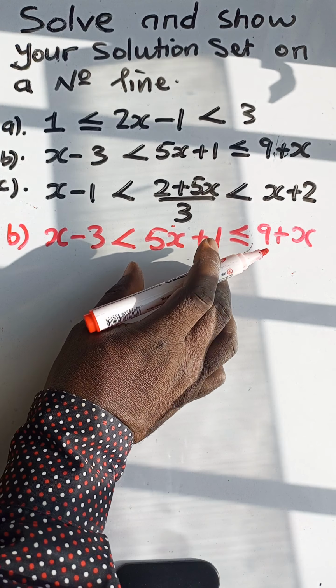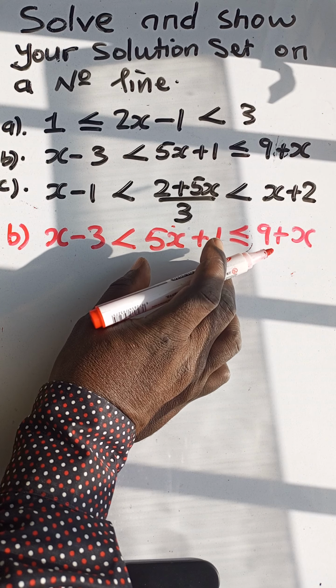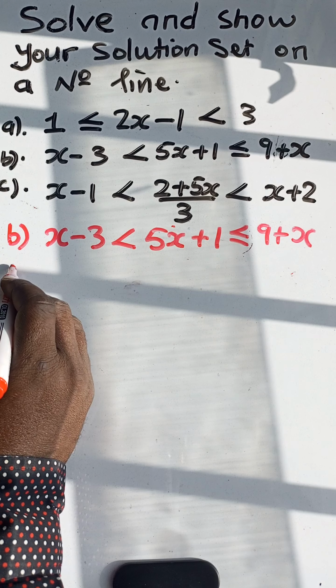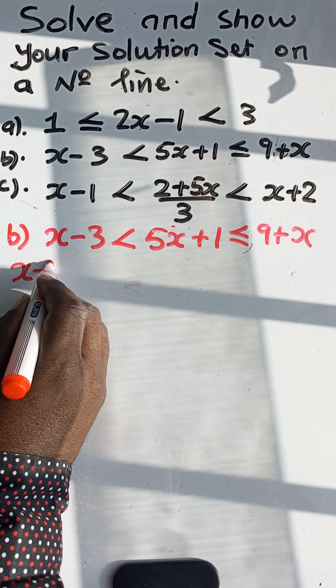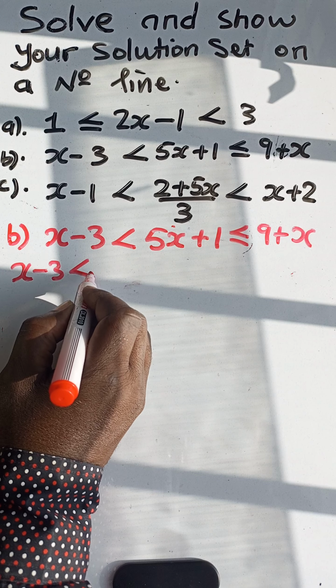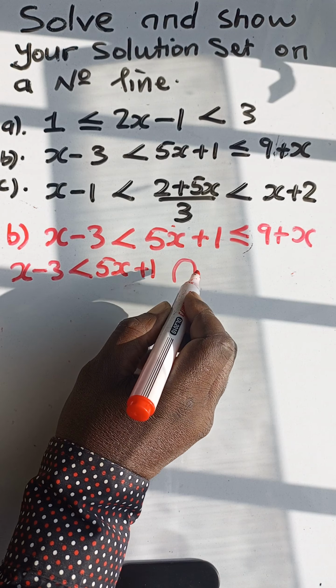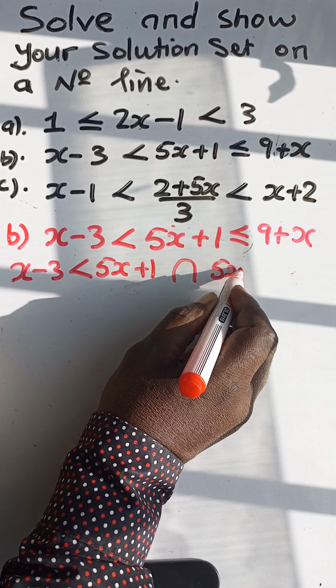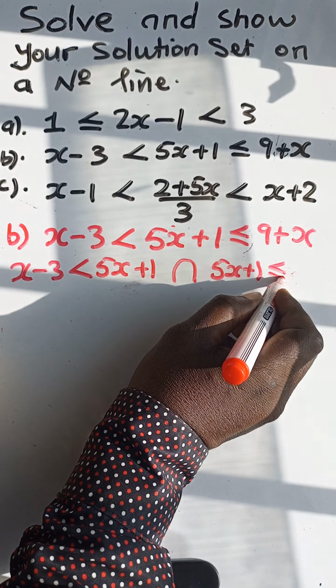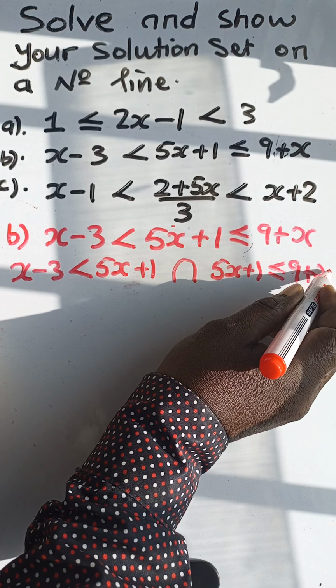Again, we will split it at the level of the middle member. So we're going to have x minus 3 less than 5x plus 1, intersection 5x plus 1 less than or equal to 9 plus x.